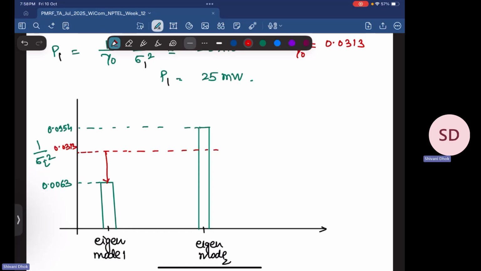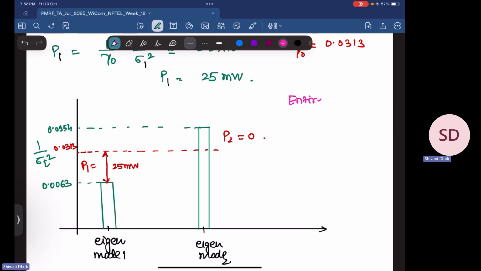So this is basically 25 milliwatt, which is equal to P1, and P2 equal to 0. So this is what exactly is happening when you are doing this water filling algorithm. So you are allocating entire power to your strongest eigenmode. Let me make a note of it.